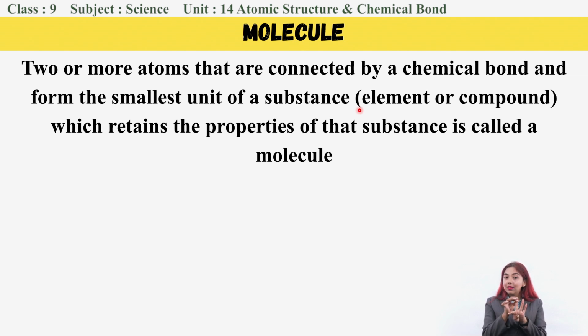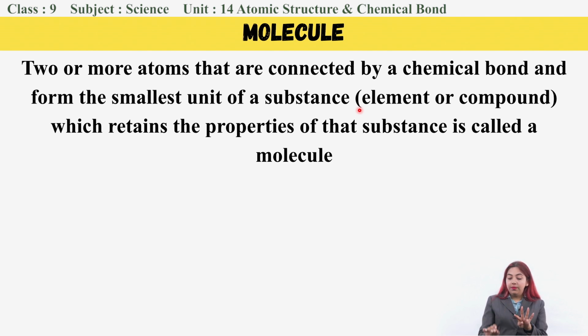The other thing is, a molecule is connected by a chemical bond. They can be any type of chemical bond, covalent or electrovalent, or any other bonds. And the other thing is, they form the smallest unit of a substance. They can be an element or a compound.